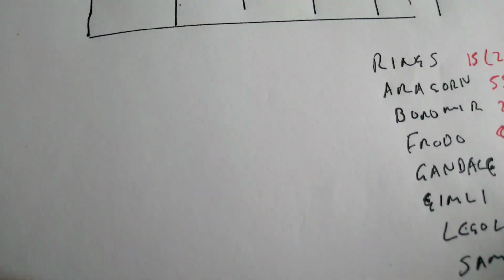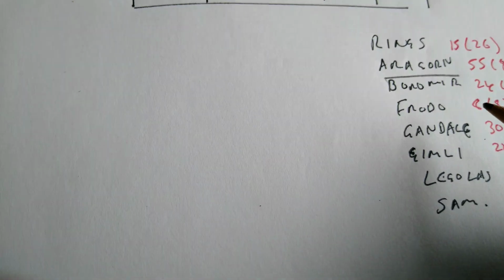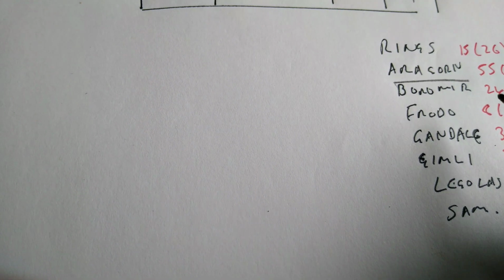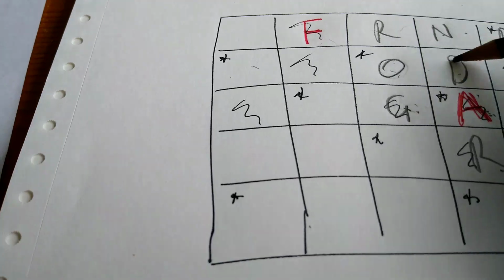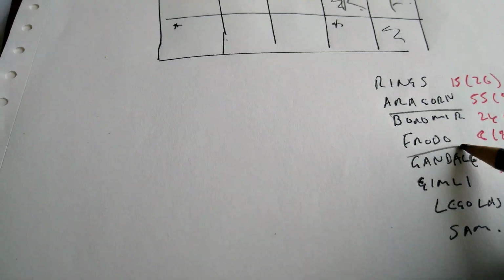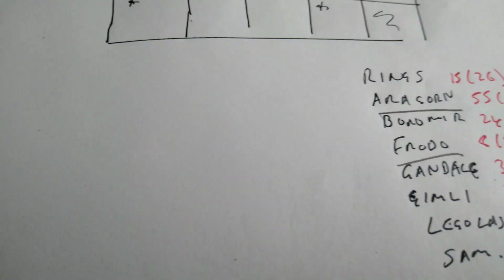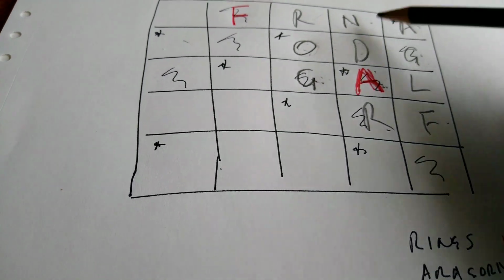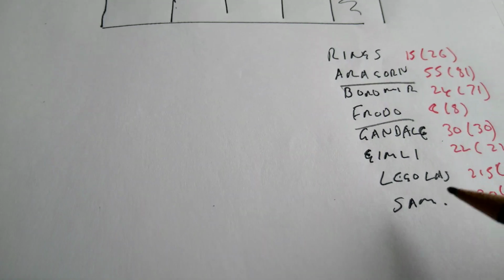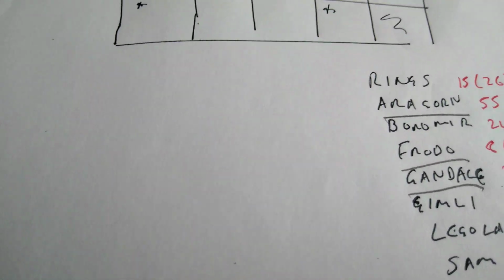I usually underline the words when I put them in. It helps me remember where I've got to. So Aragorn's in. Frodo's now finished, F-R-O-D-O, so we can cross Frodo off. And then what's happened in my Gandalf, G-A-N-D-A-L-F, that's in. So that can be underlined.